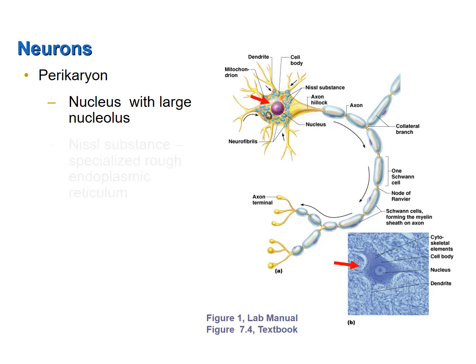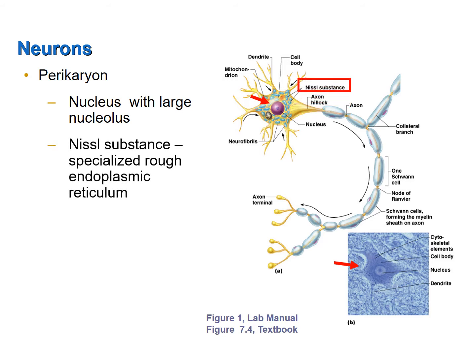In terms of organelles, there's really only one organelle that I specifically want you to be able to identify on a neuron in the perikaryon, and that is the Nissl substance. Sometimes it's called the Nissl body. They are specialized rough endoplasmic reticula that we find in the neuron. So a Nissl substance is nothing more than a specialized rough endoplasmic reticulum.